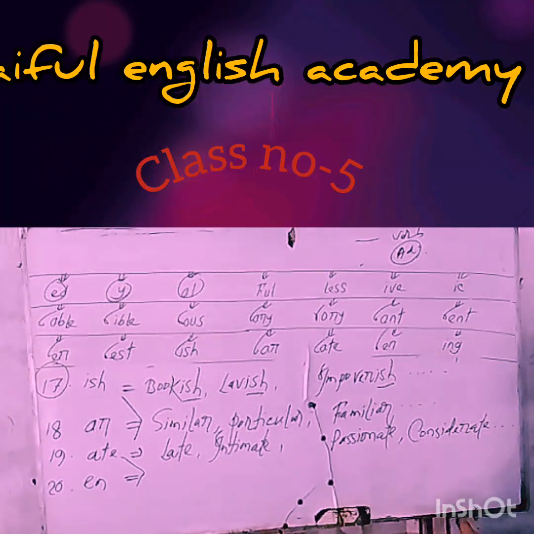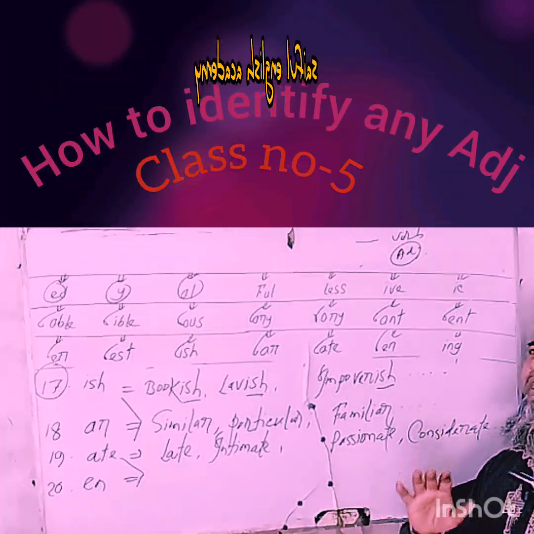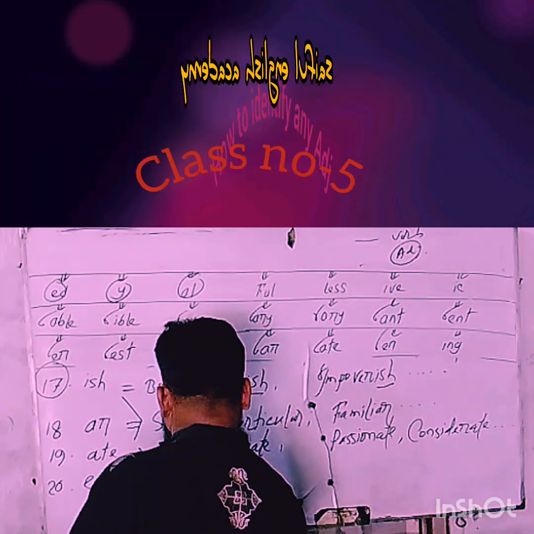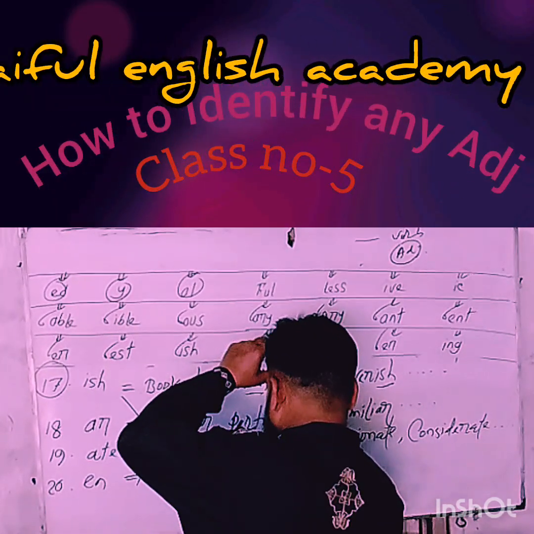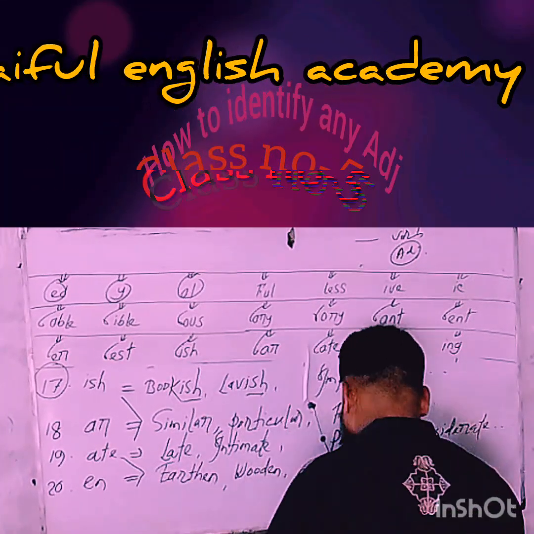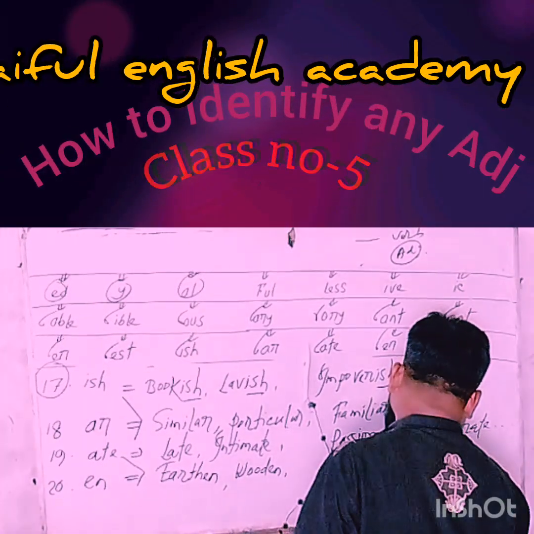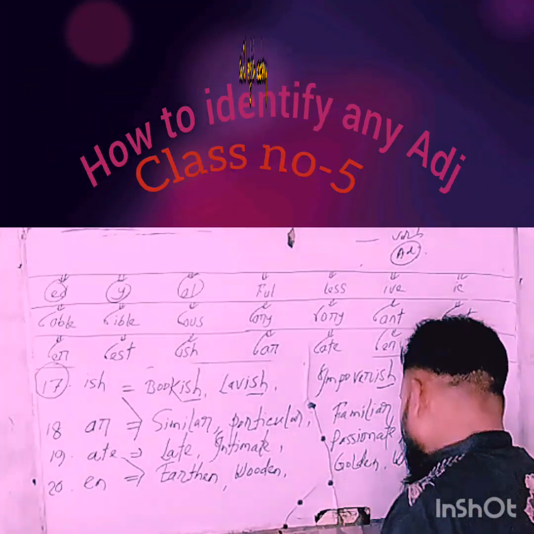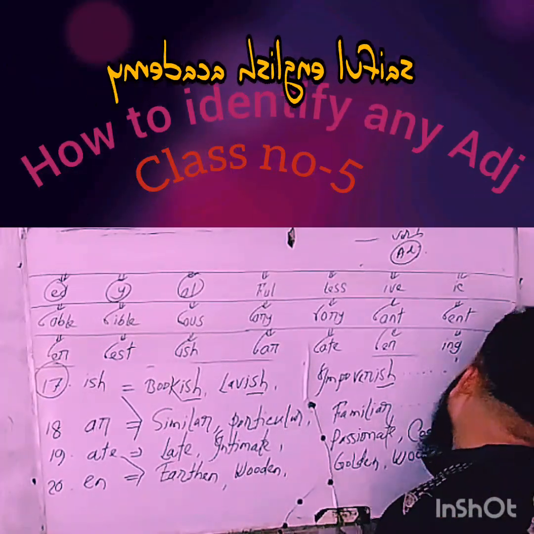Various kinds of examples may be given with reference to this suffix, but I want to write only two or three examples, such as wooden, golden, woolen, etc. Okay, make a note of which kinds of examples may be given with reference to this suffix.